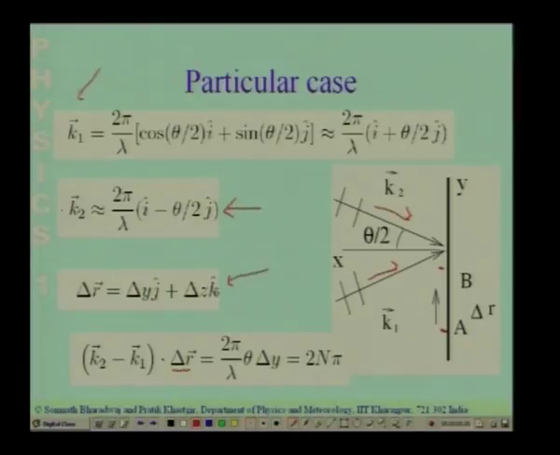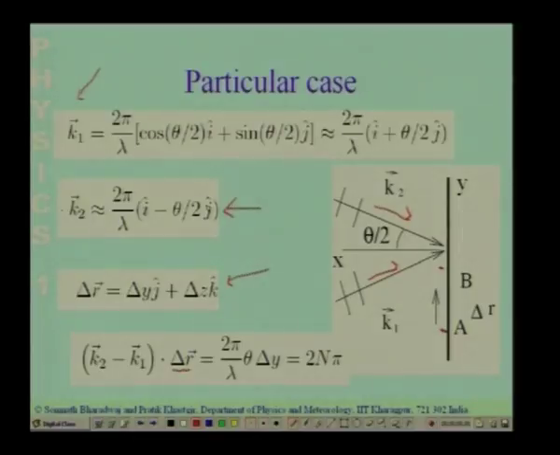So, we use all three of them in the expression for the phase difference, k2 minus k1 dot delta r. When you do k2 minus k1, the i component exactly cancels out, and what you are left with is essentially 2 pi by lambda into theta j.